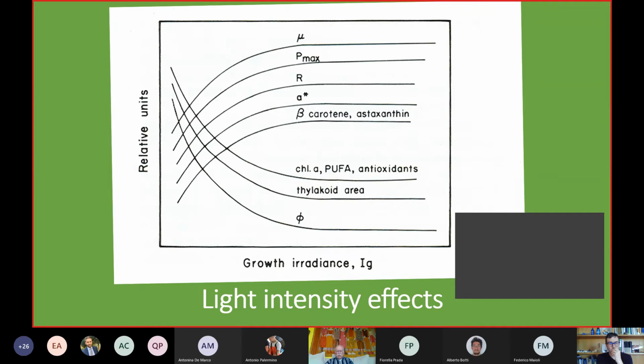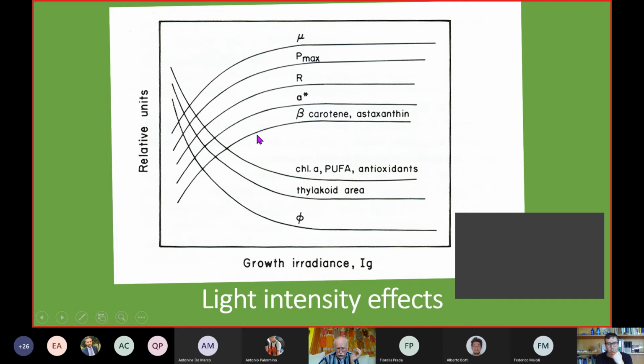If we look at the growth irradiance under which algae are grown, you see that certain things decrease as light intensity increases: chlorophyll A decreases, polyunsaturated fatty acids that are very important as food additives and antioxidants reduce, thylakoid area reduces, and the quantum yield decreases.